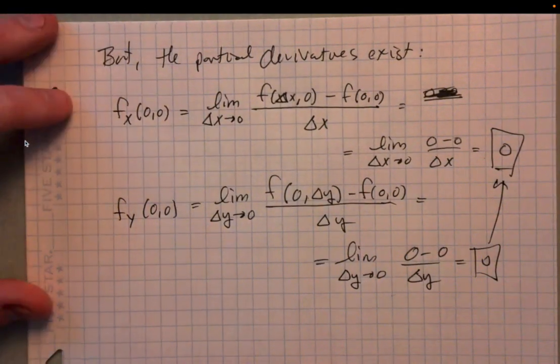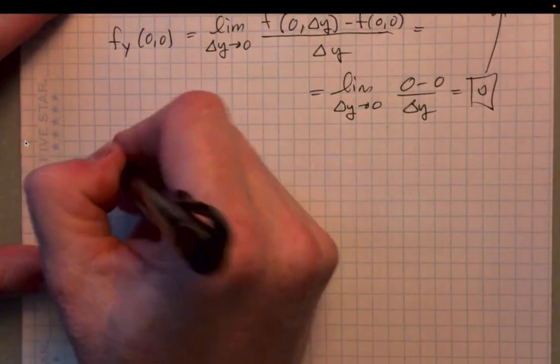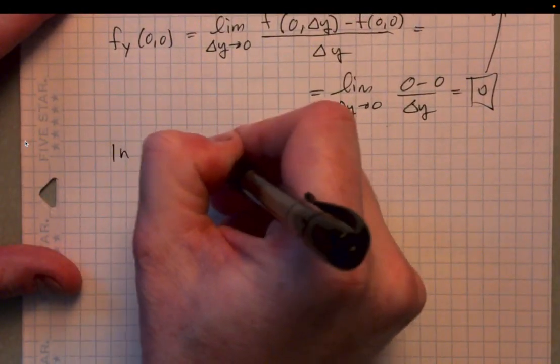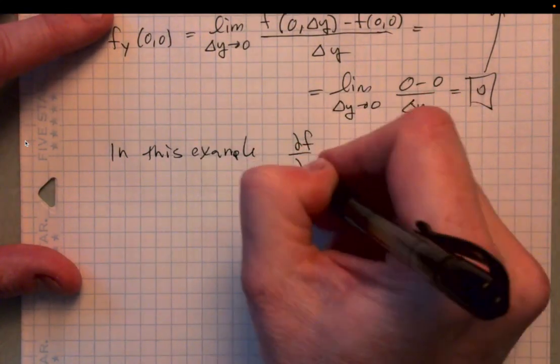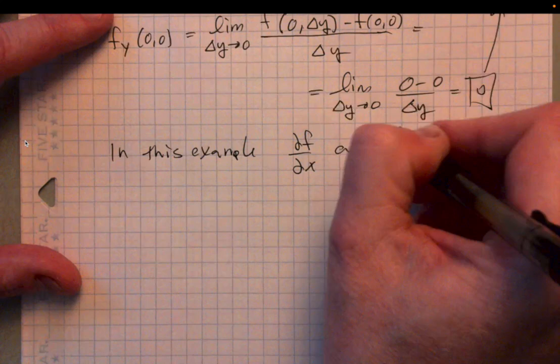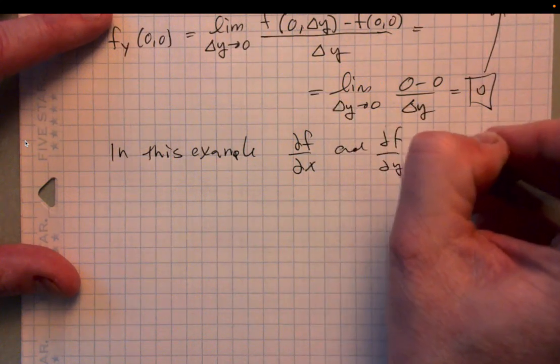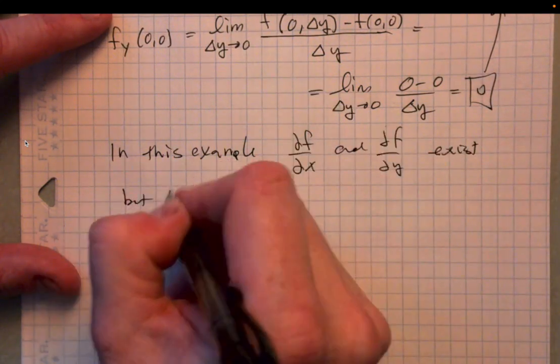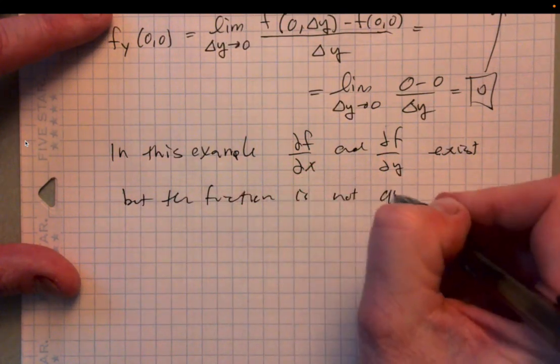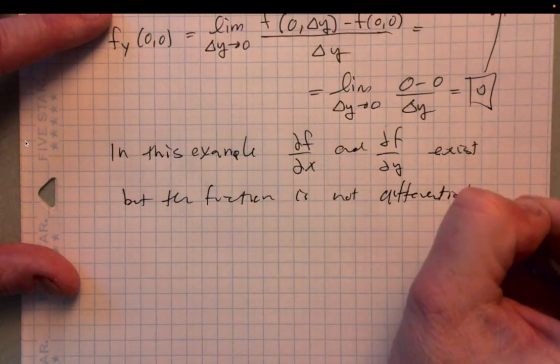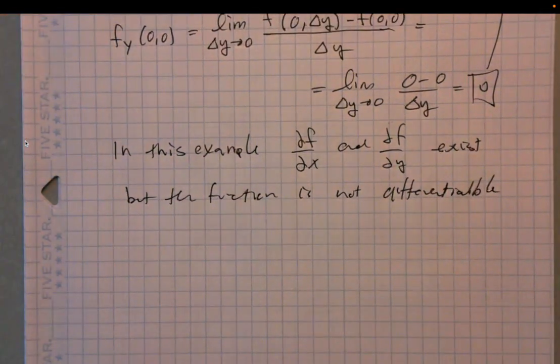Okay, so this was an example. Del f, del x, and del f, del y exist, but the function is not differentiable, for the reason that there's no continuity at the point of interest, 0, 0.